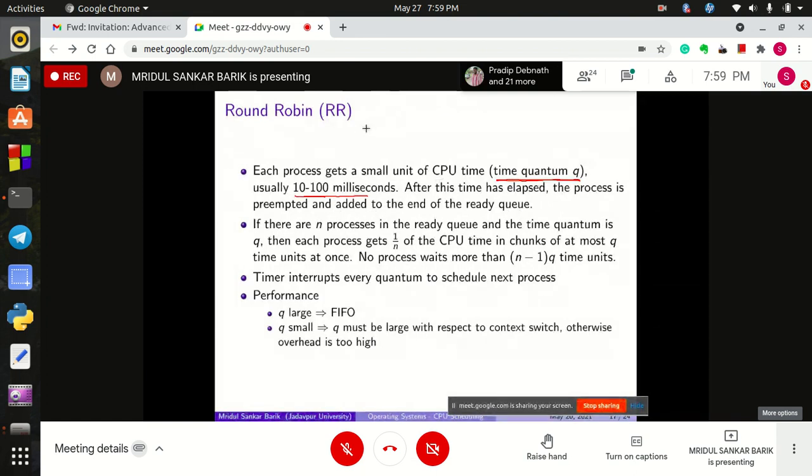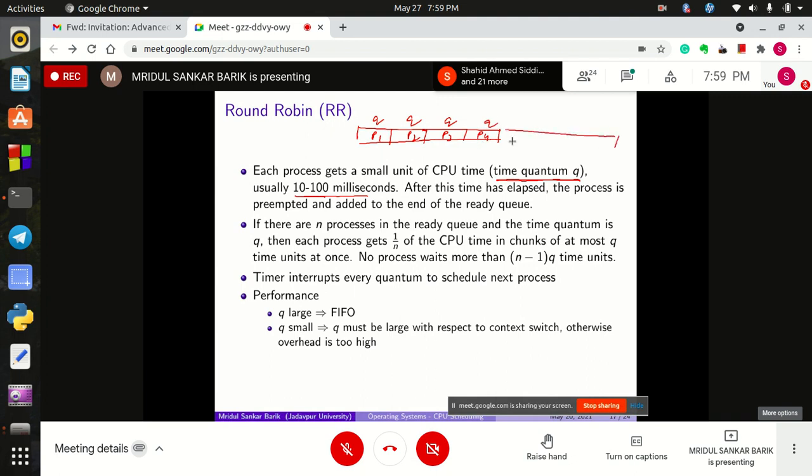Say if you have 4 processes, then in a round robin fashion, each of these processes would be given Q amount of time. Say process P1, Q amount of time, then process P2, Q amount of time, process P3, Q amount of time, process P4, Q amount of time.